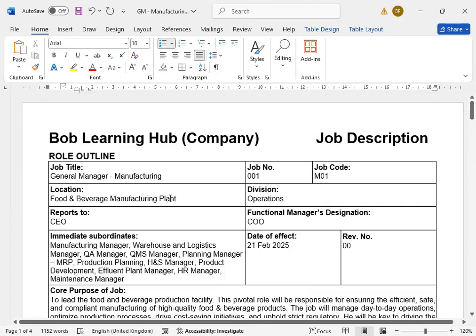And this is not applicable for other, like hardware manufacturing companies producing cars, tools and equipment, machineries. This is not dedicated to that kind of role. This is specific general manufacturing manager for food and beverage.